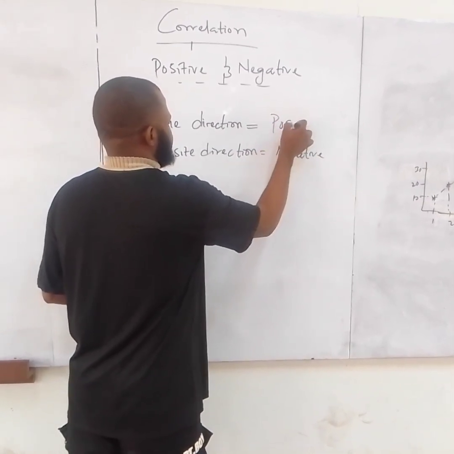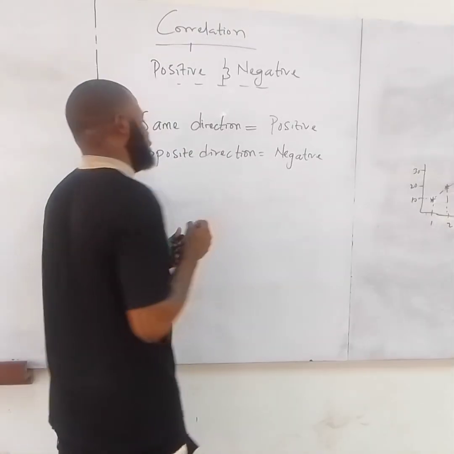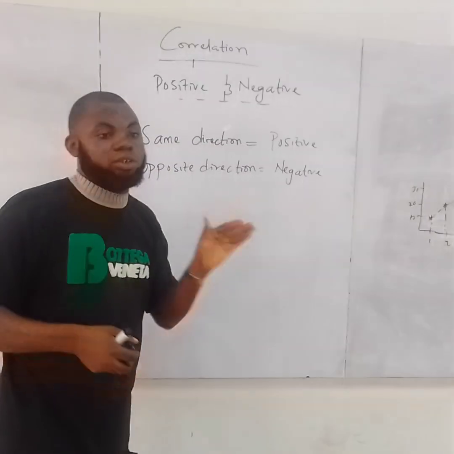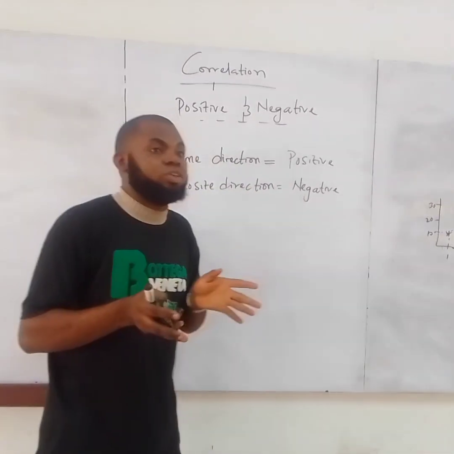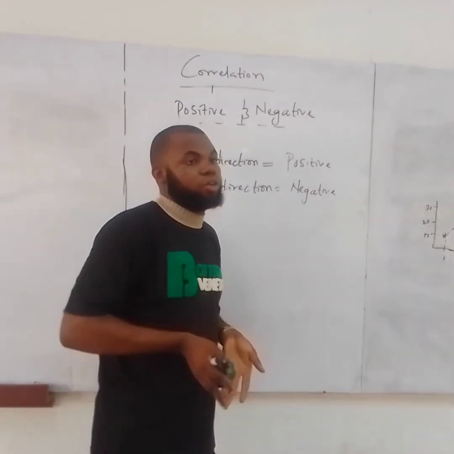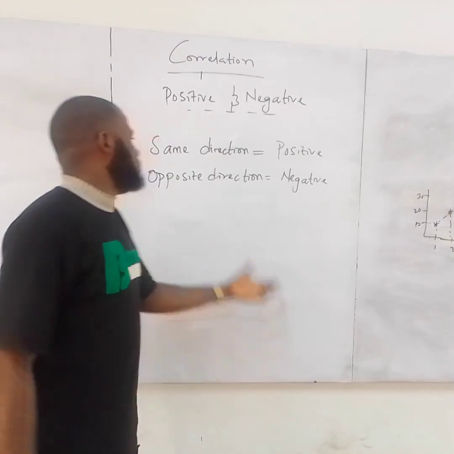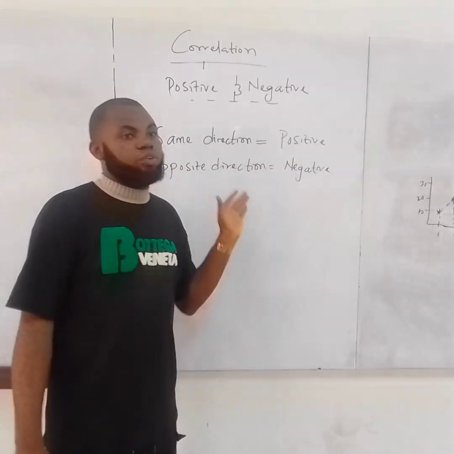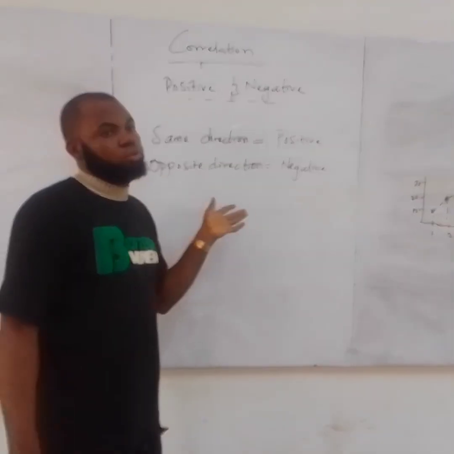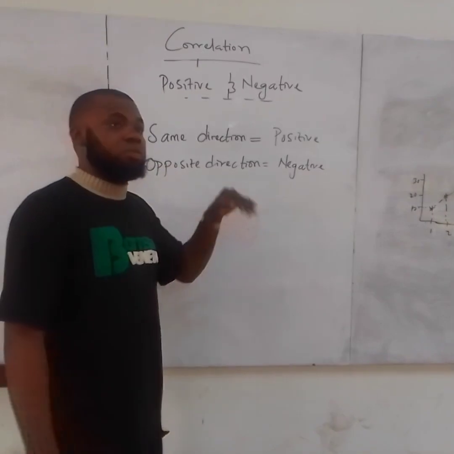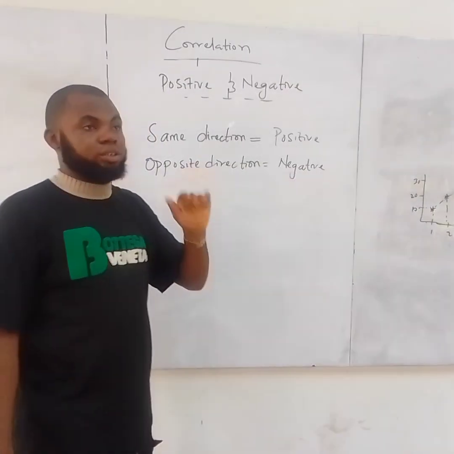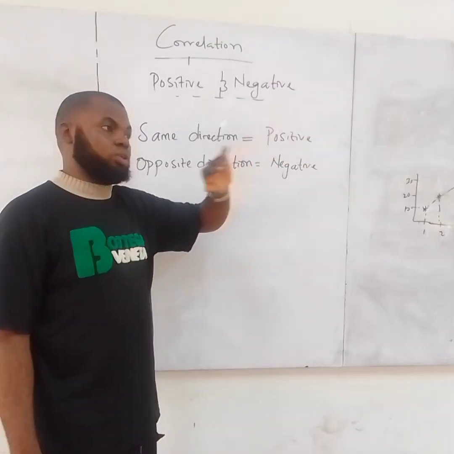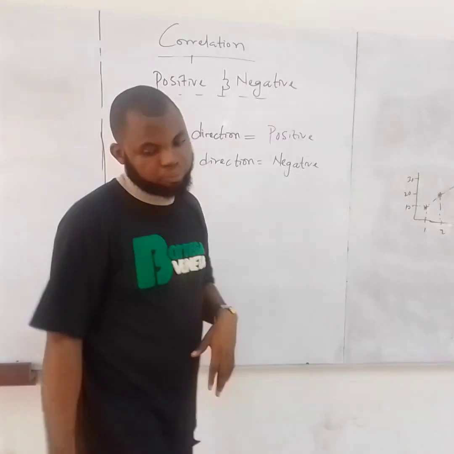So in case you come across the same direction, it simply means the two variables are moving in the same direction, so we can call it positive. But for opposite direction, since the two related variables are moving in opposite directions, we can call it negative. So a negative relationship exists between the two variables, but for the other, a positive relationship exists between the two variables.